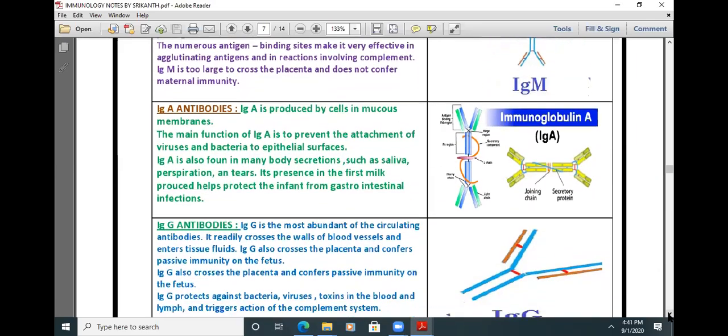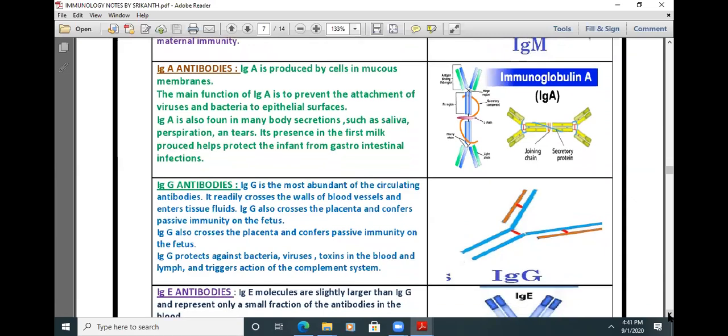Okay, next, IgA. IgA is produced by cells in the mucous membranes. The main function of IgA is to prevent the attachment of viruses and bacteria to epithelial surfaces. When a virus or bacteria enters, it will attach to the cell surface and try to enter inside.